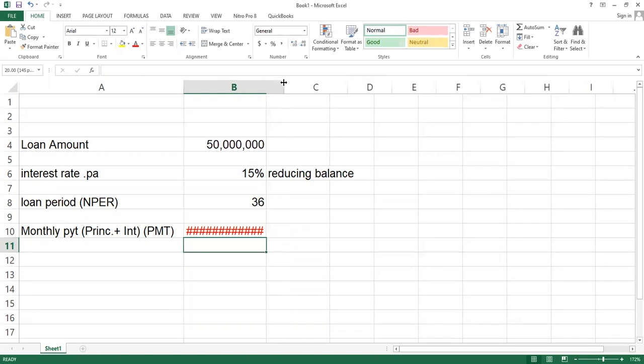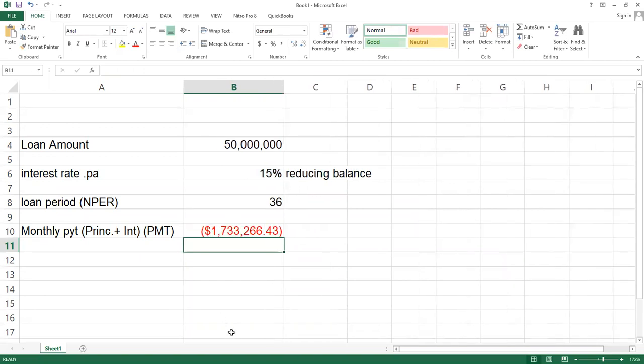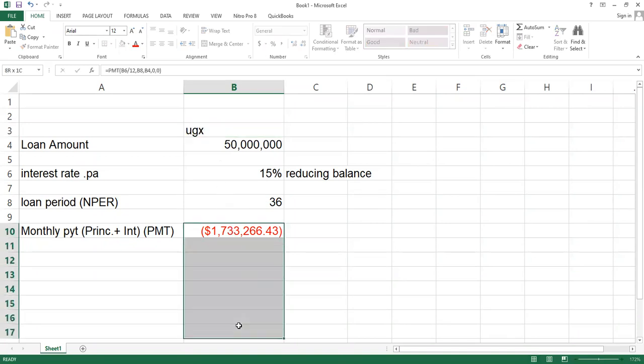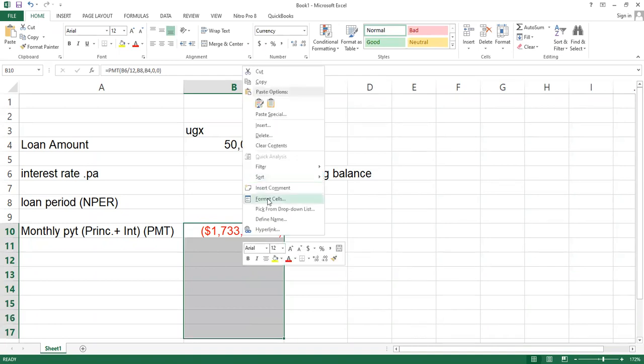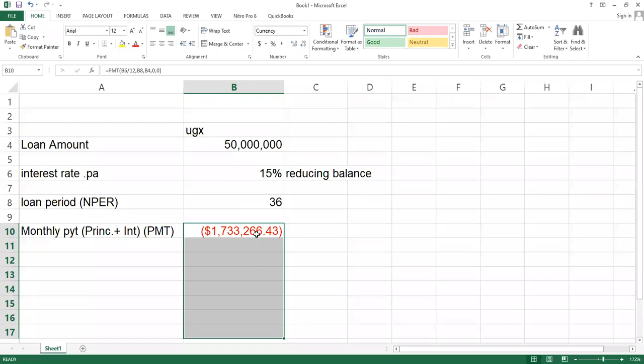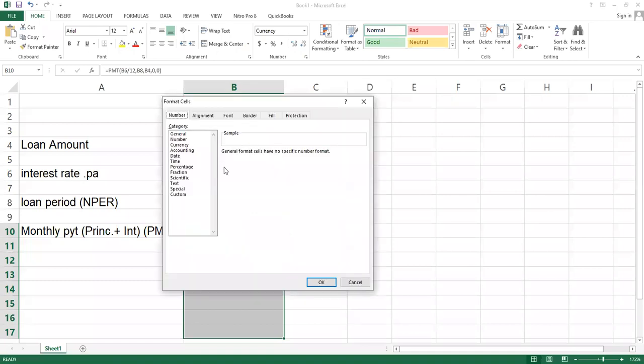I can expand my cells. Then it brings me my monthly payment. Later on, I will just change the figures to the currency because this is assuming it is Uganda shillings. So I can edit this, format my figures so that they are in Uganda shillings.